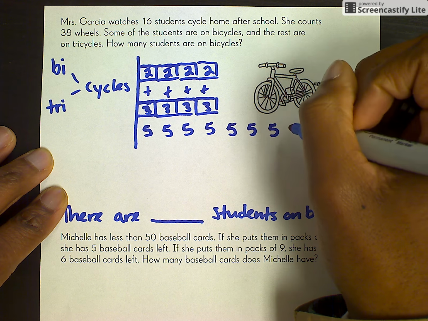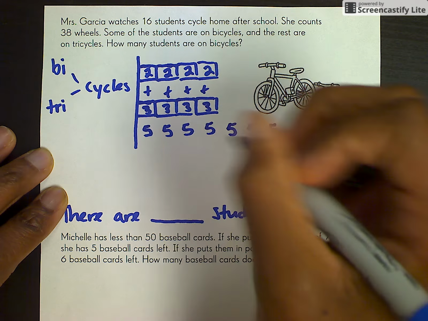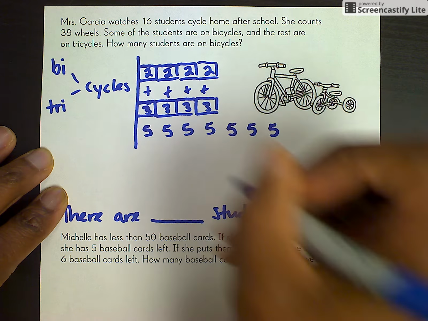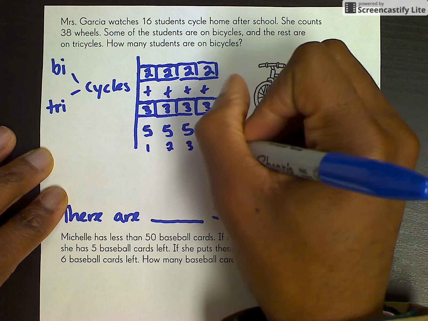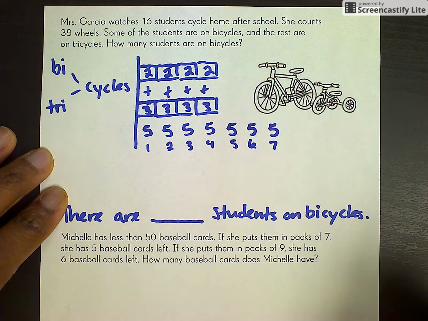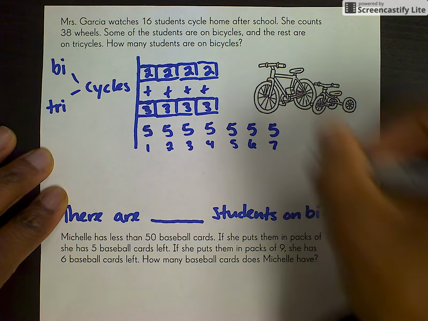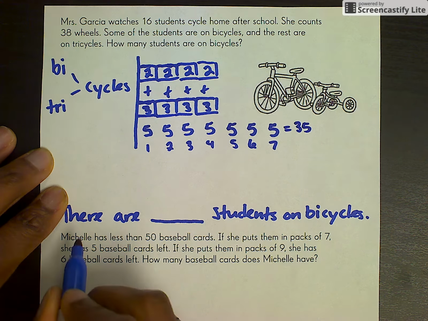Now, when I hit this 35 mark is when things get interesting. So it's important I count up how many bicycles, how many tricycles do I have at this point? 1, 2, 3, 4, 5, 6, 7. Now I can keep taking this all the way up to 38, but I have to remember what I'm solving here.